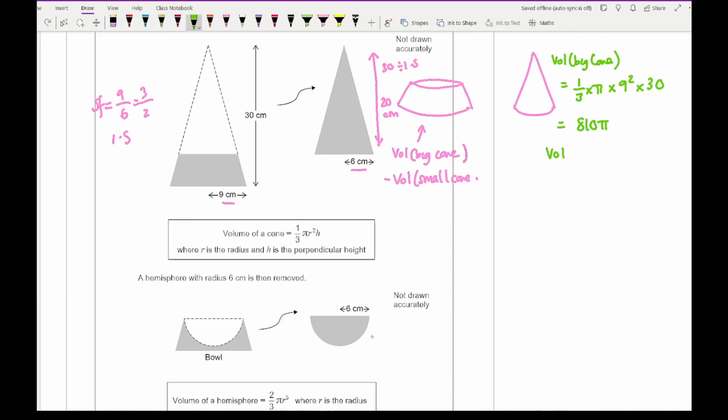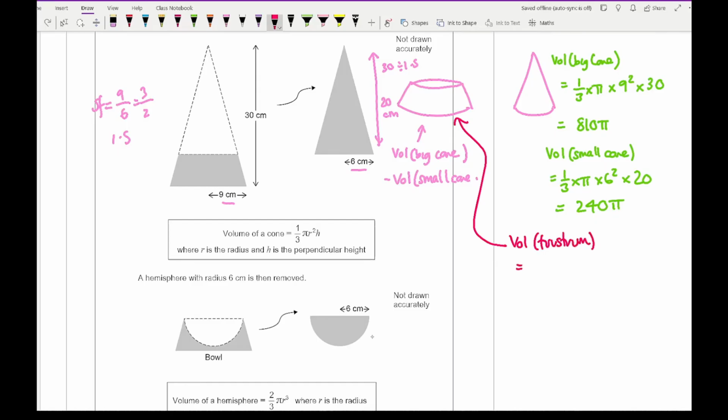Then the volume of the small cone is 1/3 times pi times 6 squared times 20, and that comes to 240 pi. So the volume of the frustum is 810 pi minus 240 pi, which equals 570 pi, which I'm just going to leave in terms of pi for now.